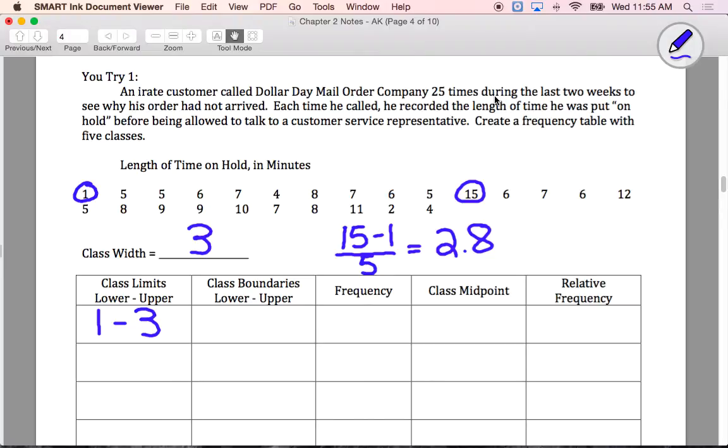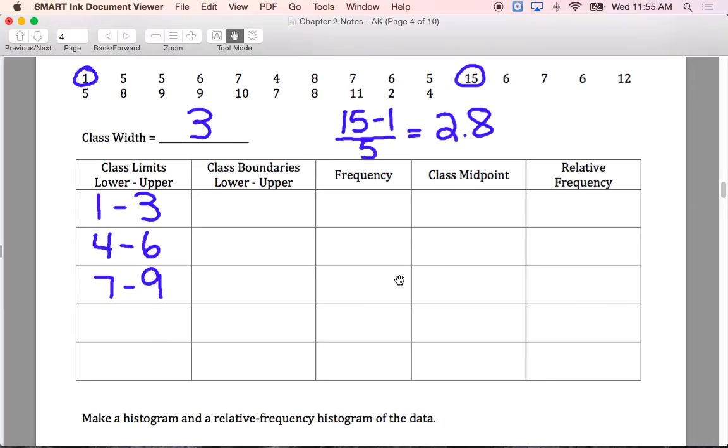So I start at 1, I don't do 1 plus 3, we do 1 plus 2. Because 1, 2, 3 is 3 numbers in your group. So I need to go 4 to 6, 7 to 9. I got to move a little bit. We're going to go 10 to 12, 13 to 15.